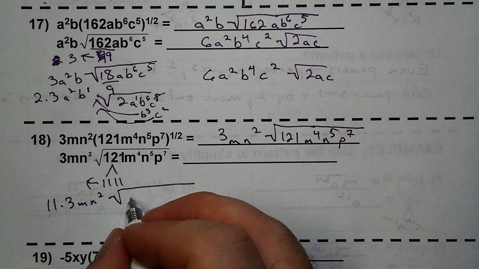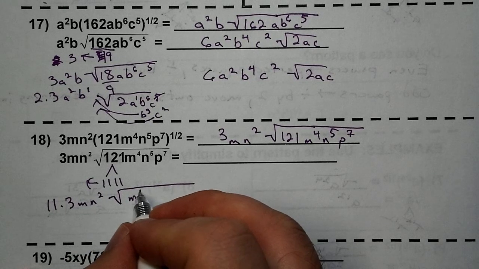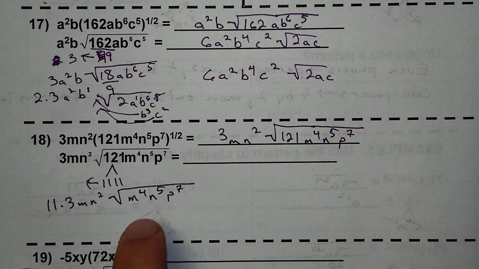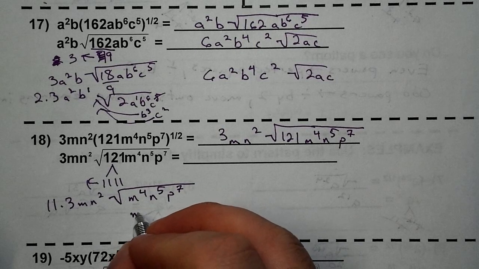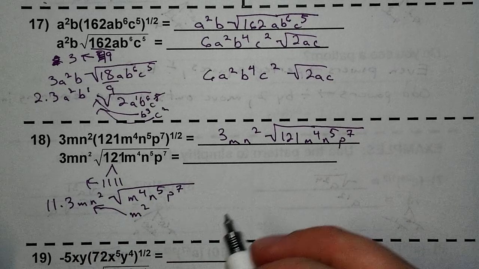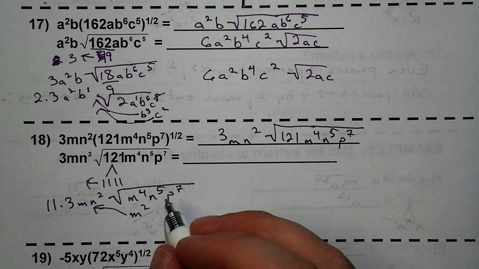There went our numbers. All we have left is letters now. M to the 4th, n to the 5th, and p to the 7th. Well, m is an even number, so all of it's going to come out. 4 divided by 2 is 2. So we need to take an m squared, and we need to pull it out. N to the 5th is an odd number.